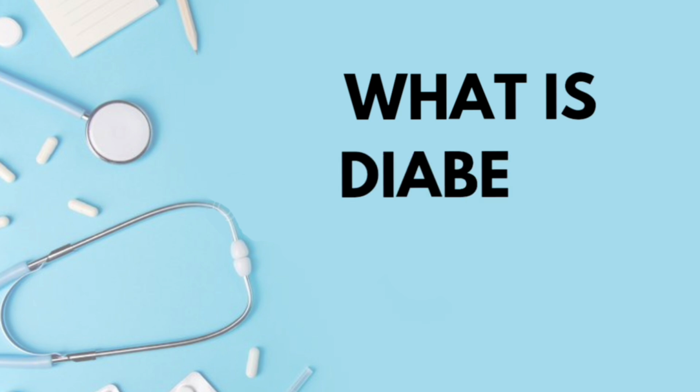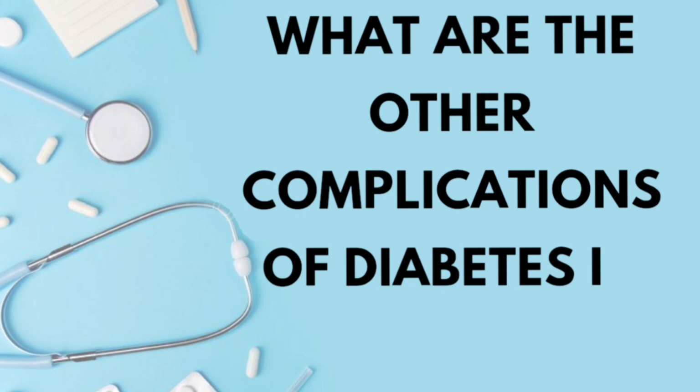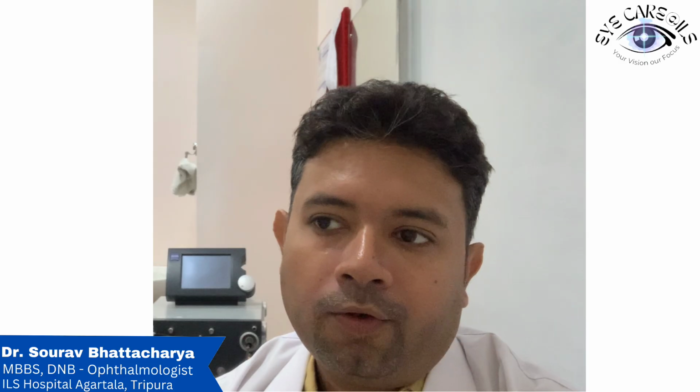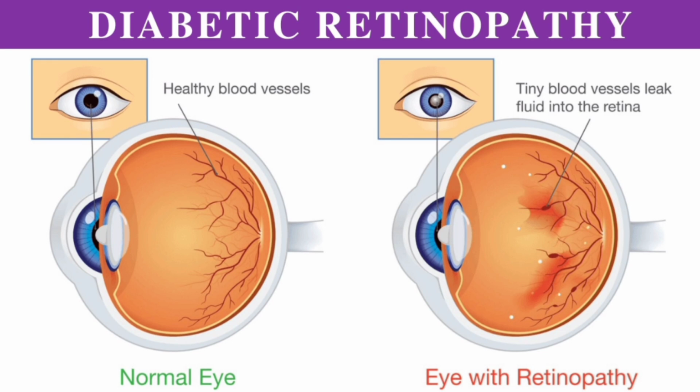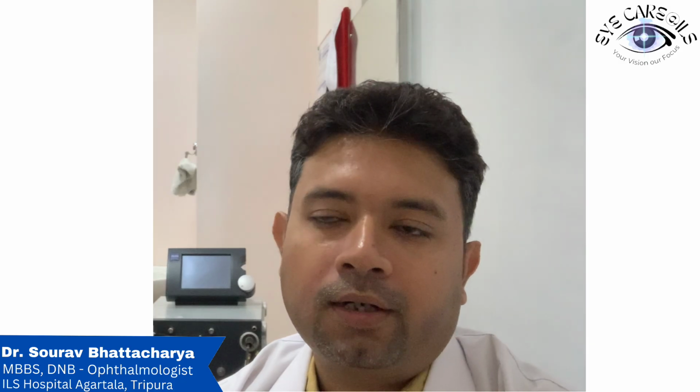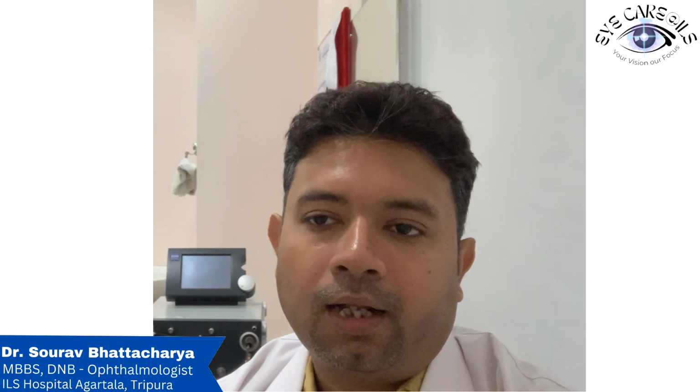Now, what is diabetic retinopathy and what are the other complications of diabetes in the eye? You have to understand that there is a network of blood vessels within our eyes over the last layer of the eye, which is called the retina, the innermost layer, and that is where the majority of the time there are hemorrhages and leakages.